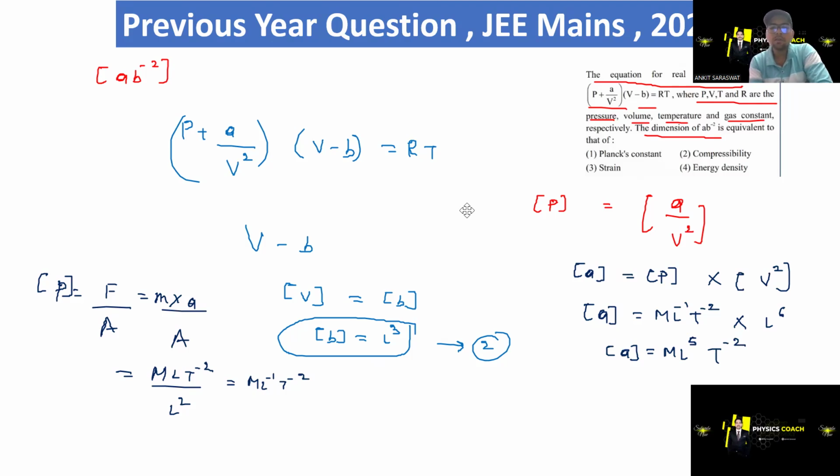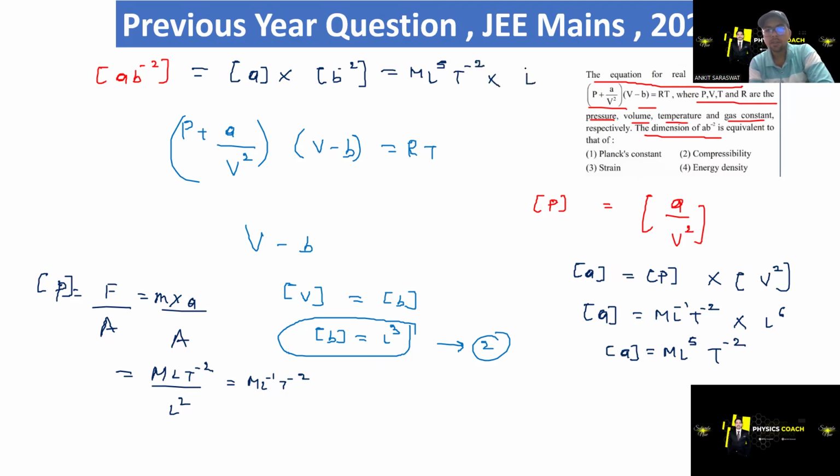So what they are asking, the dimension of ab⁻², will be the dimension of a times the dimension of b to the power minus 2. So here we got ML⁵T⁻². b² is L⁶, so b⁻², that is 1 upon b², is L⁻⁶.